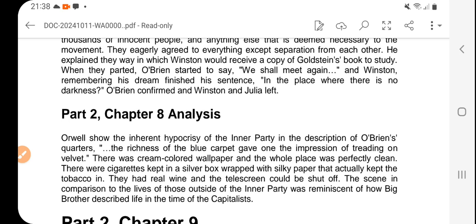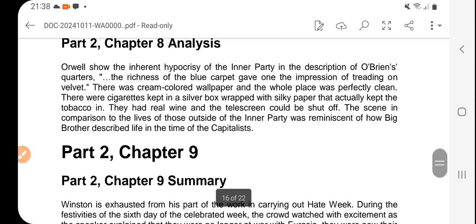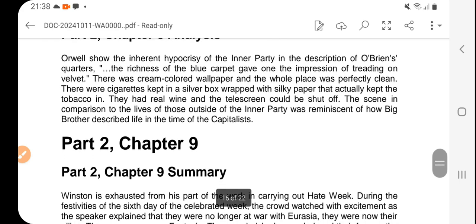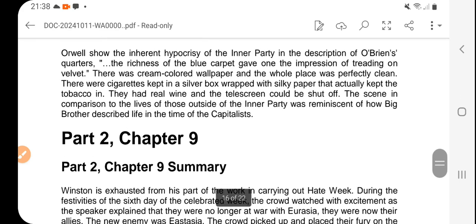So here, what happened? Orwell shows the inherent hypocrisy of the Inner Party in the description of O'Brien's quarters. Orwell is trying to show how hypocritical these people are.